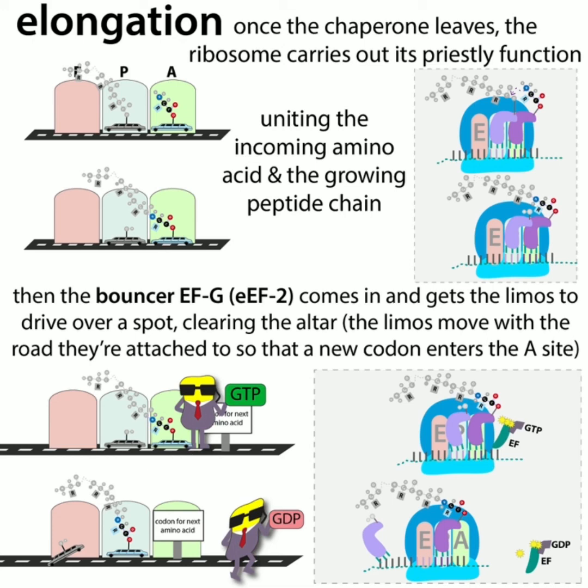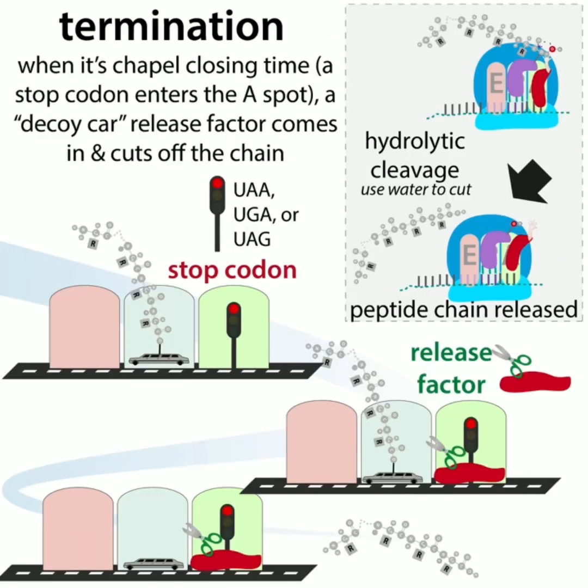And so this elongation factor uses energy as well, in the form of GTP with that whole same split and change shape and leave thing. Okay, and so you keep doing that over and over in the elongation stage.